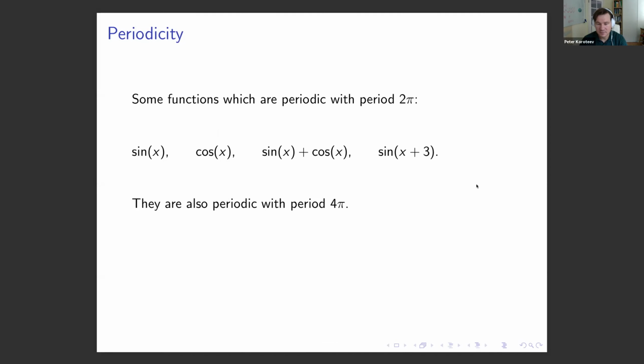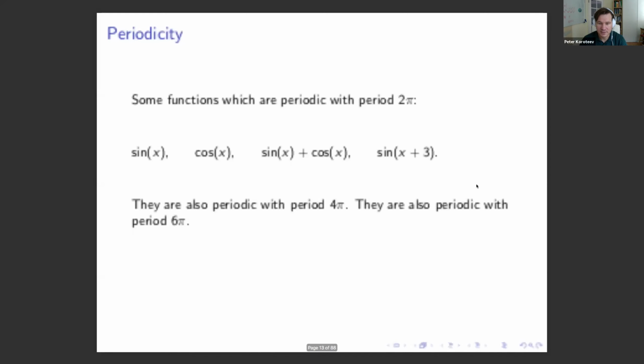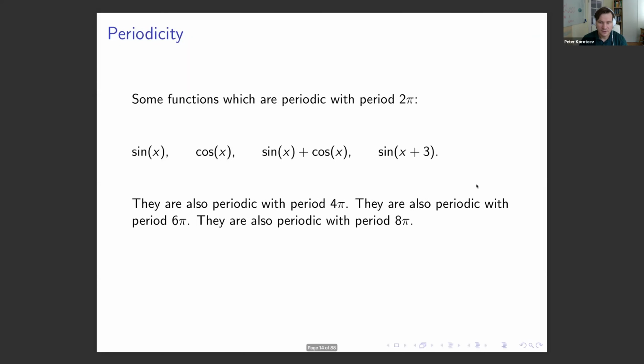They're also periodic with respect to 4 pi, or 8 pi, or 24 pi, and others. But we say that 2 pi is the fundamental period of these functions. It's the smallest value of that capital T from the previous slide for which the periodicity holds.